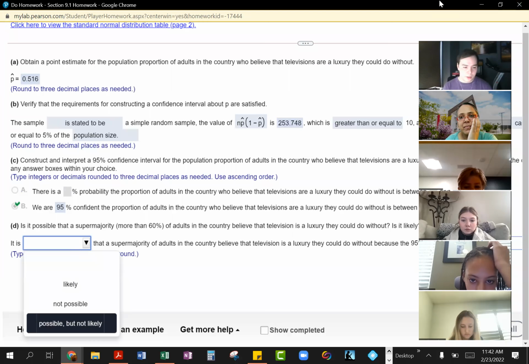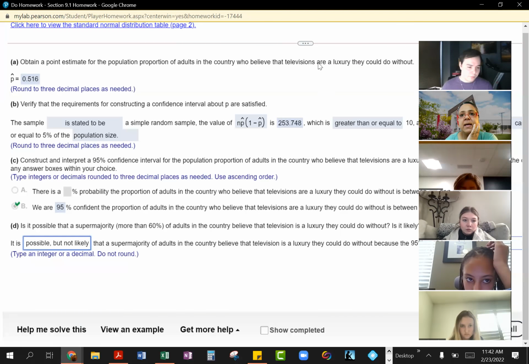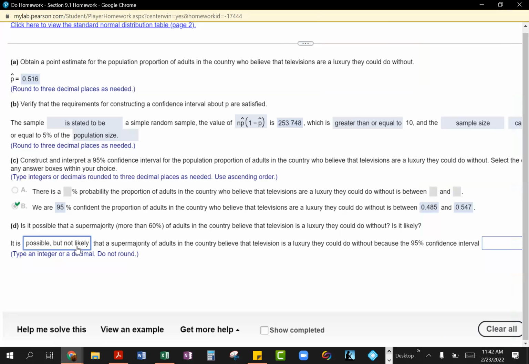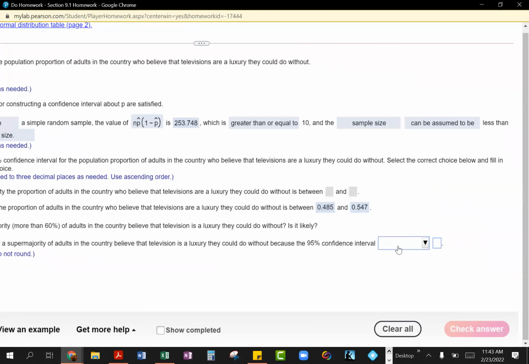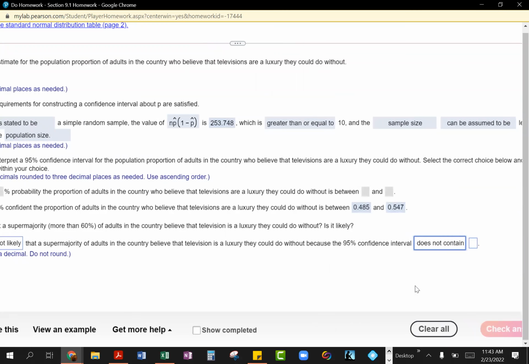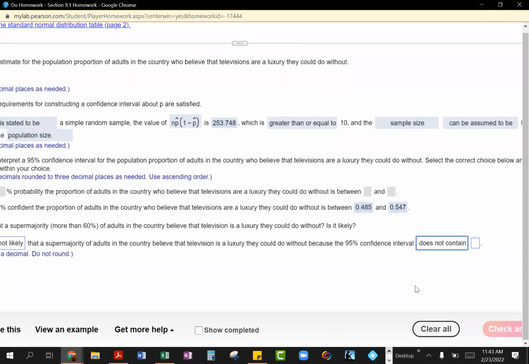I'd probably go with the third option. The possible but not likely. Okay. So we are saying it is possible but not likely that supermajority of the adults believe television is a luxury they can do without, because your 95% confidence interval does not contain, and remember, we're looking for 60%. So if you're looking for 60%, that's 0.6.